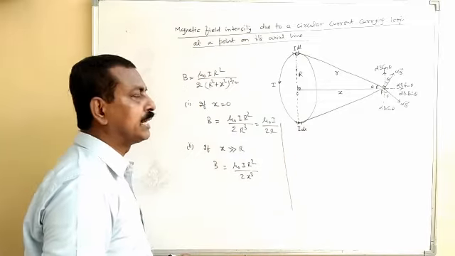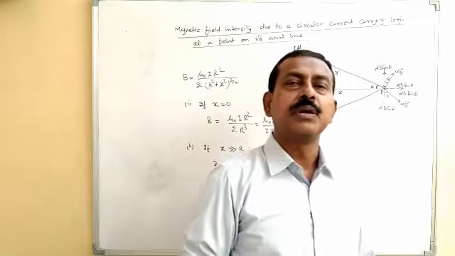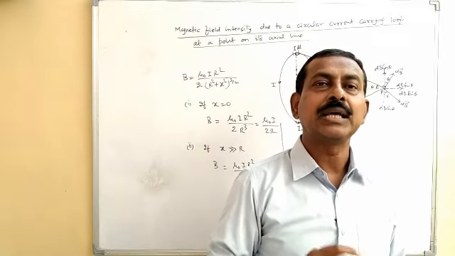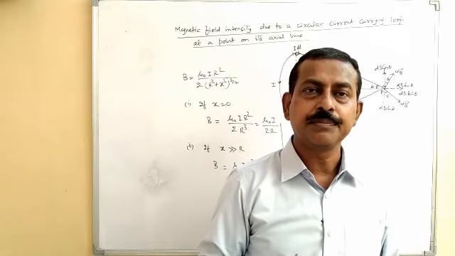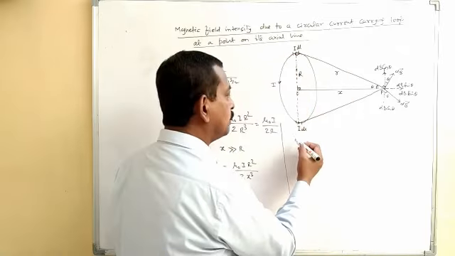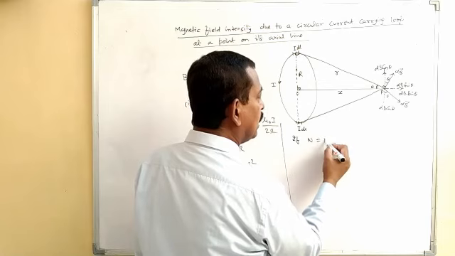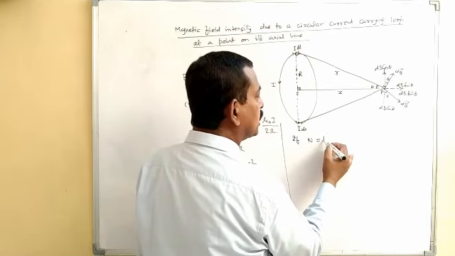Other cases we can take: suppose the loop which we have taken has capital N number of turns. The loop may not have only one turn. So suppose capital N is the total number of turns.